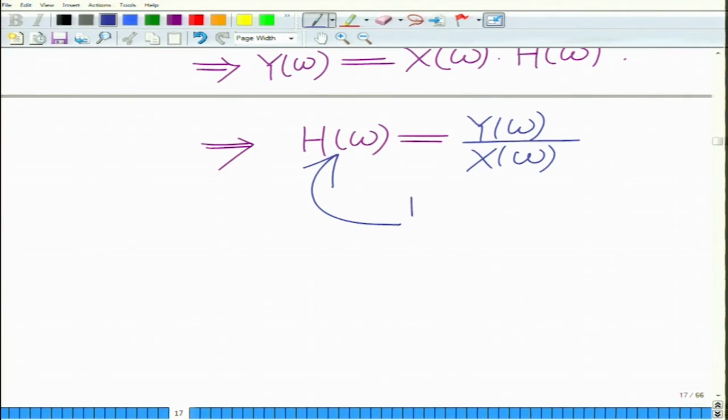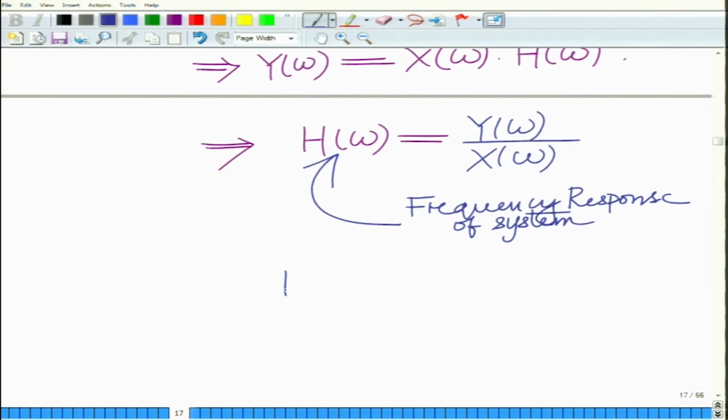Okay. As we have seen in the context of the Laplace transform also. So, this is termed as the frequency response of the system. I can also characterize the magnitude and phase responses.